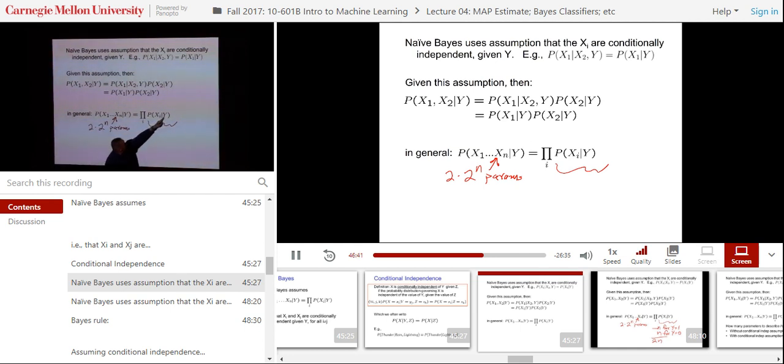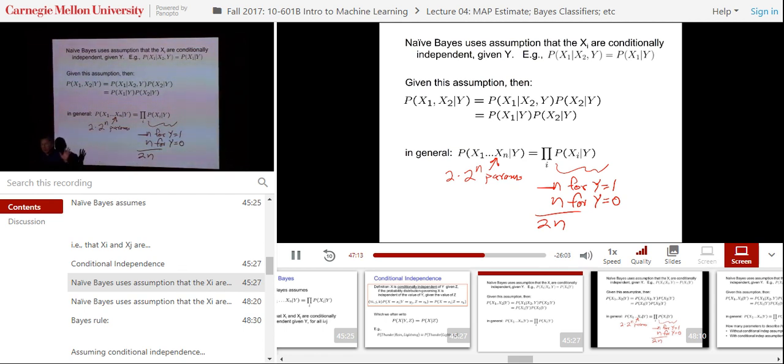Here, again, when y equals 1, how many parameters about xi do we need? 1 each. So if we have n variables, we need n for y equals 1. We need another n for y equals 0. So 2n. So we went from a number of parameters that's exponential in n to a number that's linear in n.